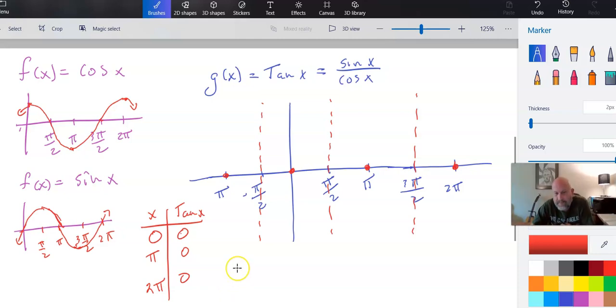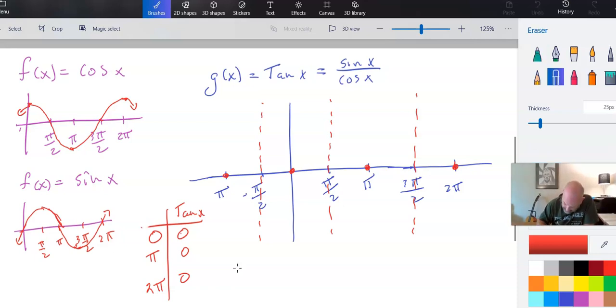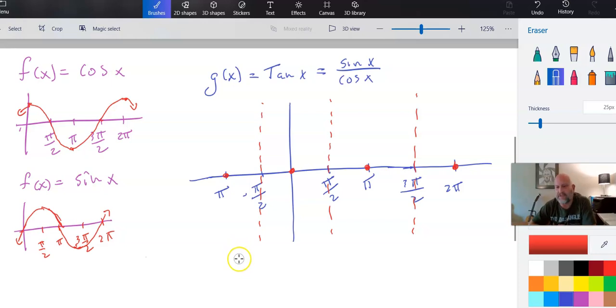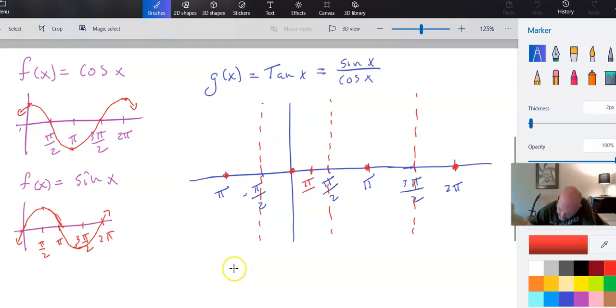Now, this is kind of interesting. To figure out where this goes, this is one of those things where, let me take a look here. One of the places we look at to get a hold of tangent is at pi over 4 and negative pi over 4. Okay, now at pi over 4, tangent's equal to 1, and at negative pi over 4, it's equal to negative 1.